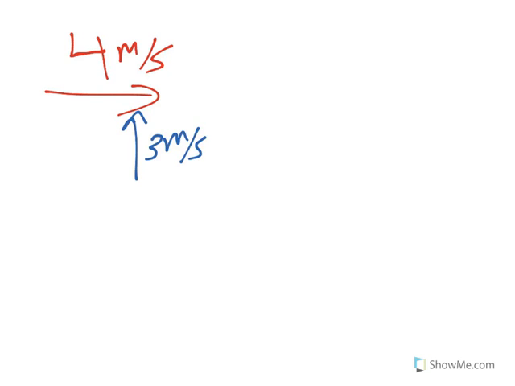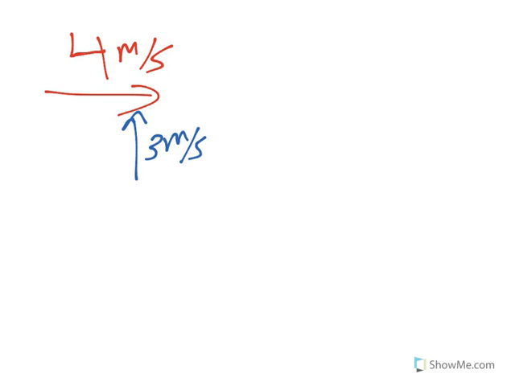If, on the other hand, we had a plane flying at 4 meters per second this way, and we had a wind coming in at 3 meters per second this way, now we have a situation where we are going to have to do vector math.